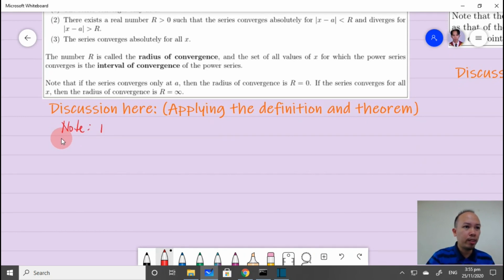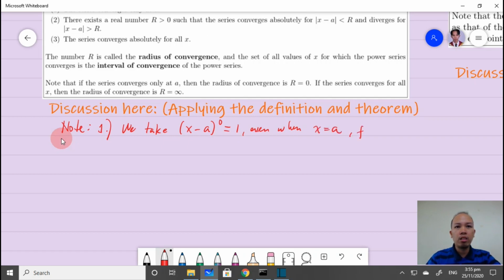Note number 1: we take x minus a to the power of 0 to be equal to 1, even when x is equal to a. This is of course for convenience.